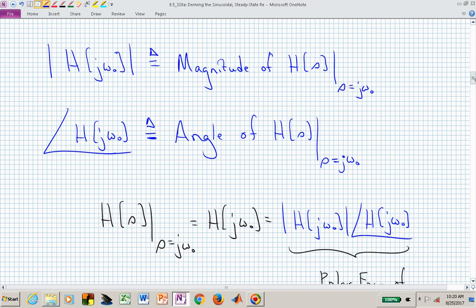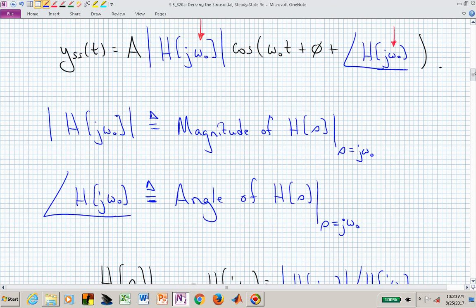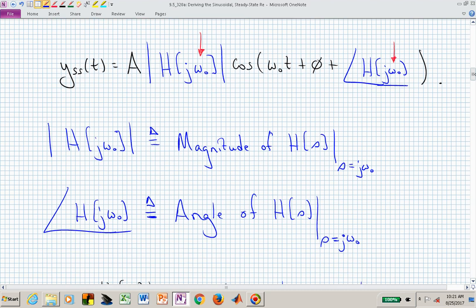Those are now the polar form of our transfer function. When we have a transfer function, let's say a group of poles and zeros, we evaluate the contribution of each of the factors in H of S at the frequency j omega naught, and that is then used in this expression to provide us with our sinusoidal steady state output.